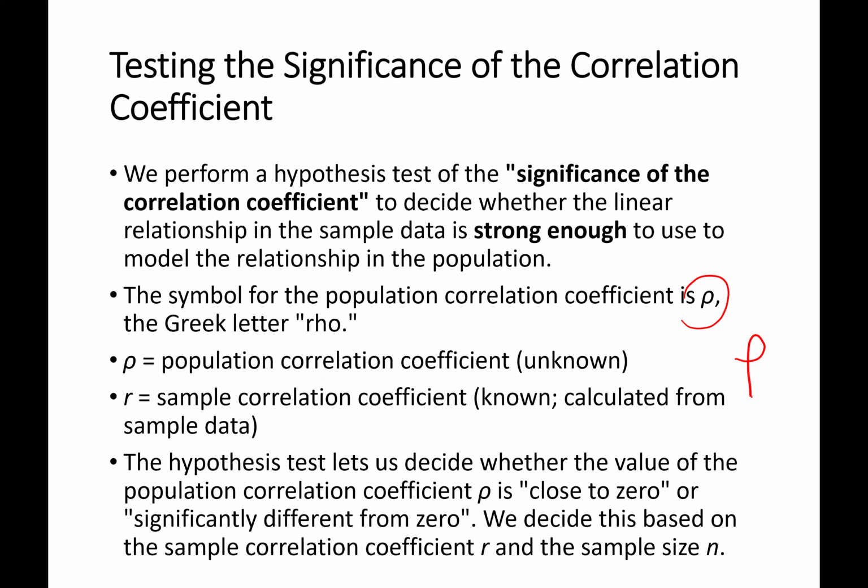R is the sample correlation coefficient, which you calculate from your data. The hypothesis test lets us decide whether the value of the population correlation coefficient is close to 0 or significantly different from 0. We decide based on the sample correlation coefficient R and the sample size N.